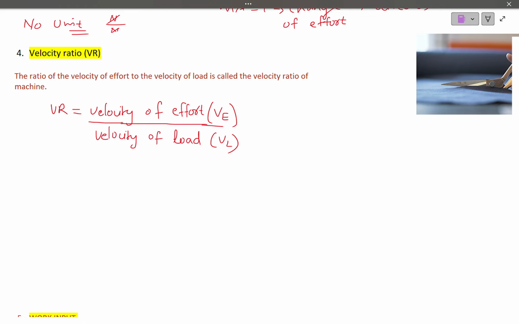So this is the equation for velocity ratio: velocity of effort denoted by VE to velocity of load denoted by VL.